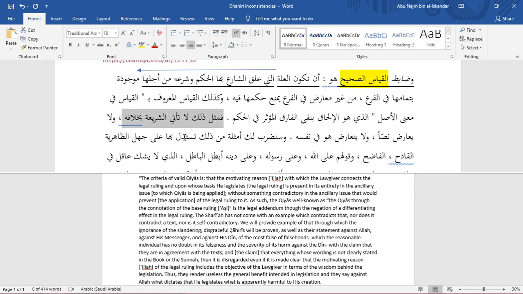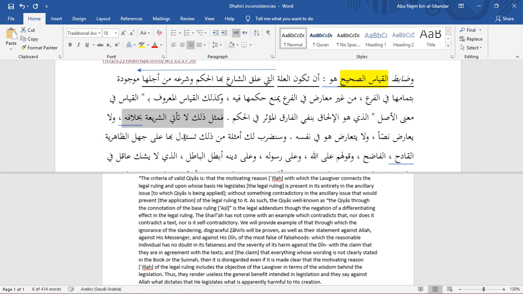On the contrary, you find that from the scholars who have analyzed the legal rulings, they've found that in many cases the legal rulings complement each other, and you'll find that the illah in one issue will have that same motivating reason for a legal ruling found in another issue. Even though they're two separate rulings, right? We find that the motivating reason behind those rulings, they're based on principles.